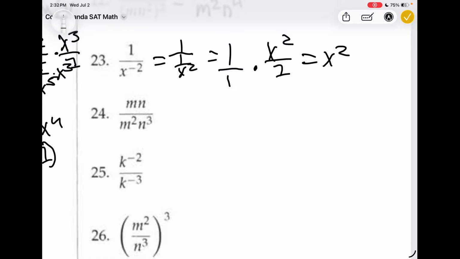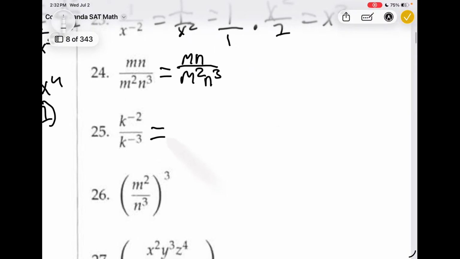So we got mn over m to the 2nd, n to the 3rd. So that's equal to, I don't see how we simplify this further. Yeah. That's what I'm thinking.